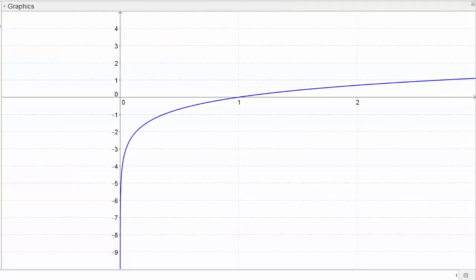So let me show you a graph really quick to show you visually what's going on here. So here in blue is my function y equals natural log of x, and remember that I'm interested in the integral of that function from 0 to 1. So if I were to try to shade in the area represented by this definite integral, it would be this region in here.